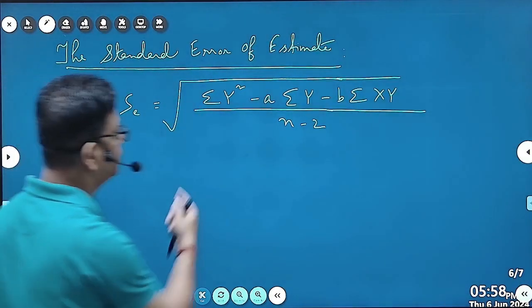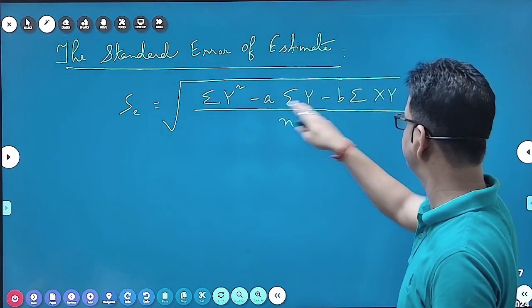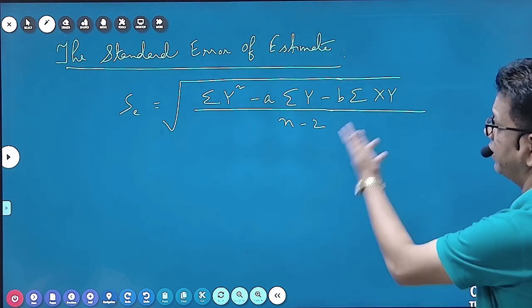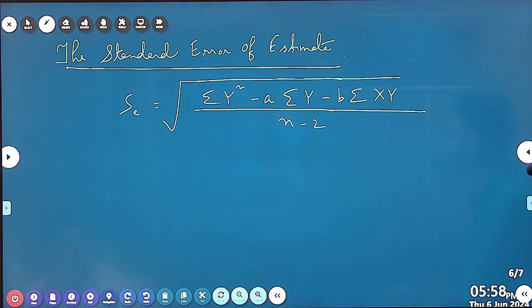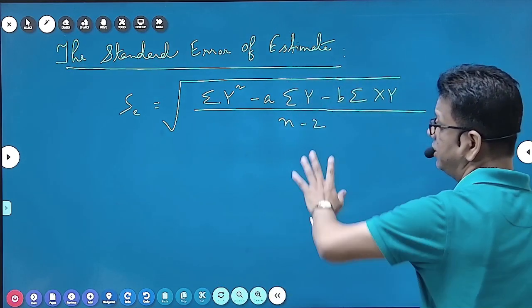Now, summation of y square you already know. Summation of y you know. A and B you have to find from there, the coefficients, and n is the number of observations. Now, if a question comes to find the standard error of estimate in regression, similar errors are there also in Karl Pearson's, which we have done in correlation. Yes or no? I discussed the formula, I did not do any question, so here also I'm not going to do it.